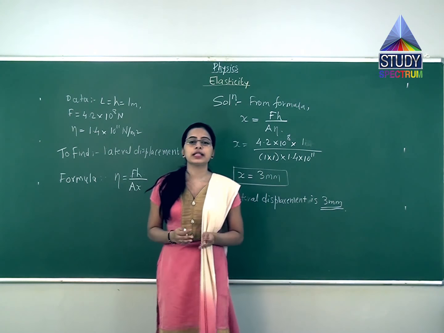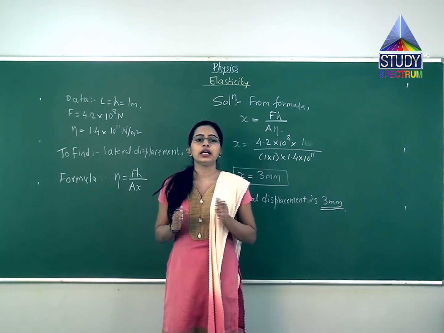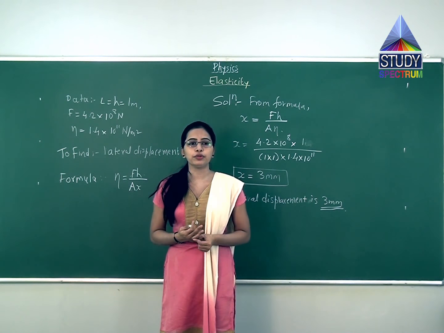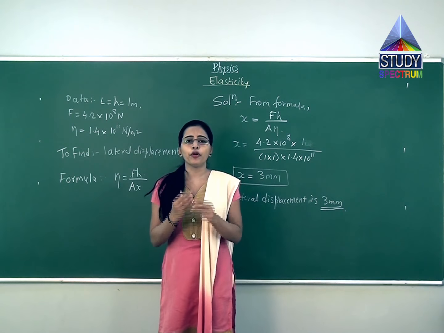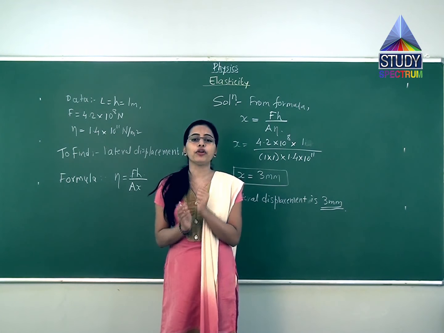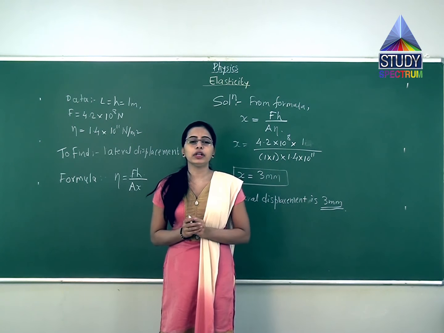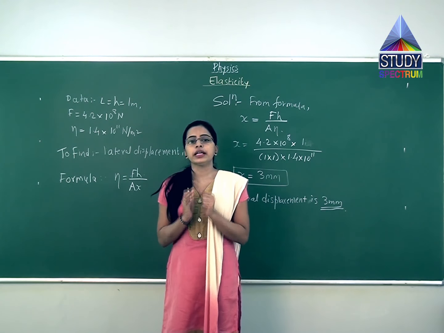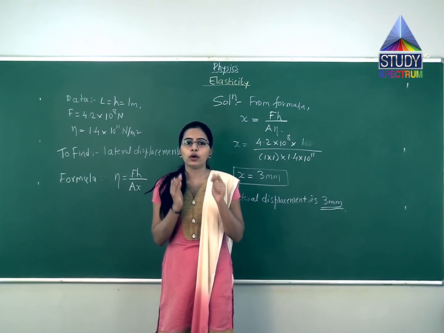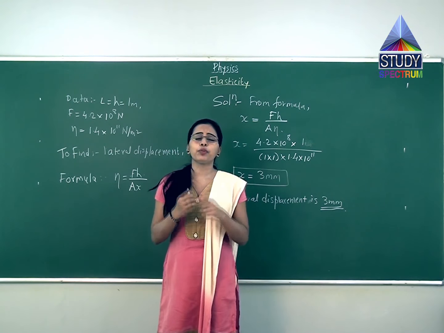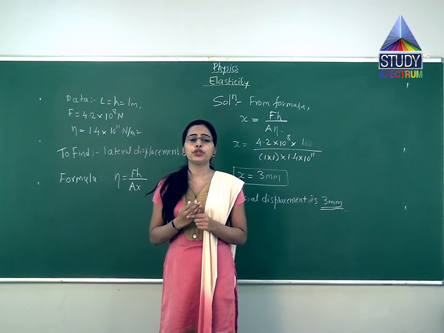Now let us move towards our next example, which is the fourth example from your textbook. A copper wire 4 meter long has a diameter of 1 millimeter. If a load of 10 kg weight is attached to the other end, what extension is produced if Poisson's ratio is 0.26?